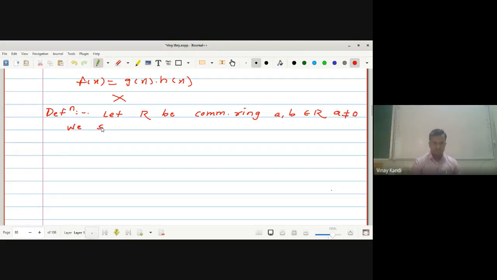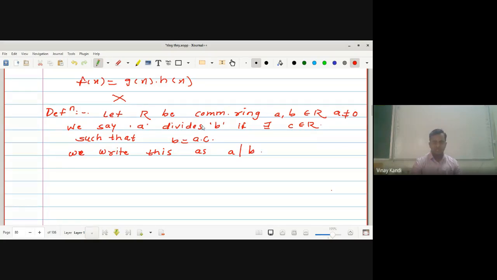We say the element A divides B if there exists C belonging to R such that B is equal to A into C. We write this as A divides B.